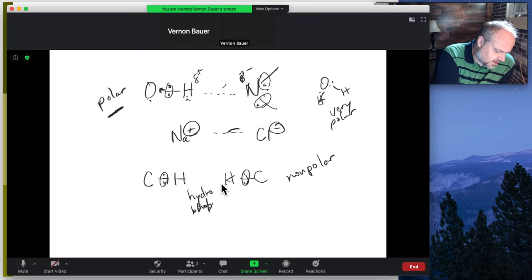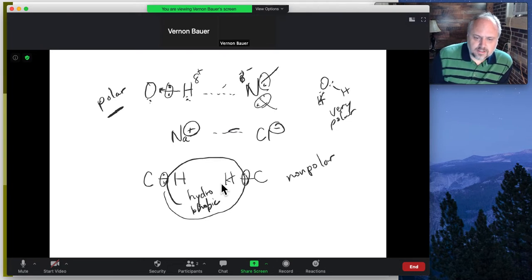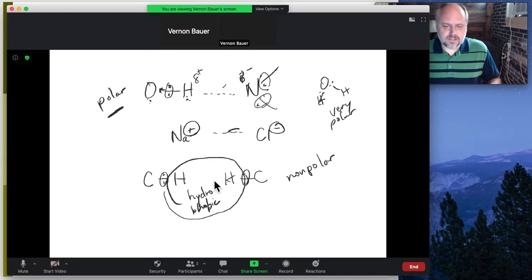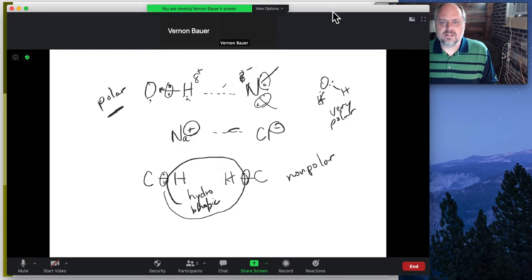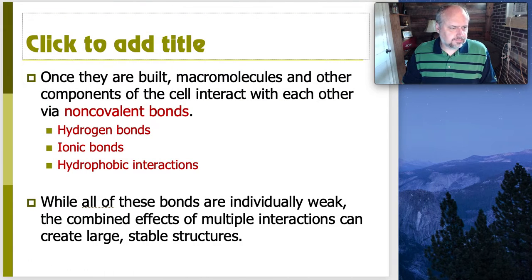It's not so much an interaction as it's just these guys are going to like to be with each other more than they're going to like to be in the aqueous environment. So hydrophobic interactions will be where these hydrophobic or non-polar parts of a molecule tend to fold inside where the aqueous parts of the cell can't get to it. Okay.